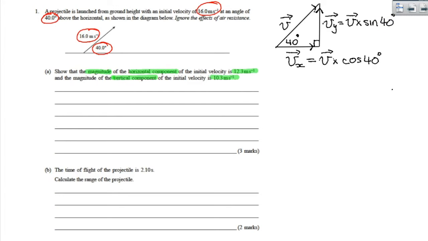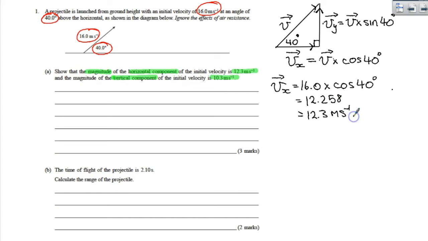To verify the answers, all we need to do is substitute the values into the equations. For the horizontal component, this will be 16 times the cos of 40 degrees, and make sure you have your calculator on degrees, not radians. You'll get an answer of 12.258, and we can take this to significant figures of 12.3 meters per second.